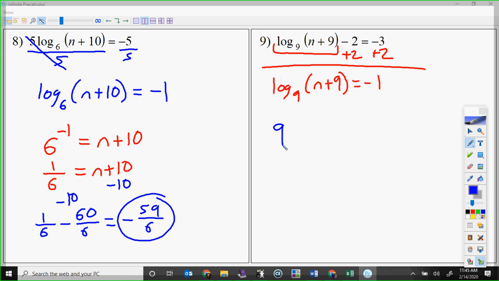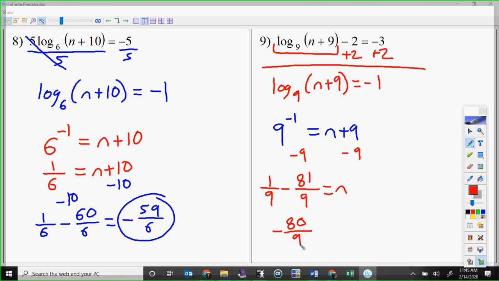Change the form. 9 to the negative 1 equals n plus 9. Subtract 9 from both sides. Of course, 9 to the negative 1 is 1 over 9 minus 9 times 9 is 81, so this is 81 over 9. And that would give me 1 minus 81, which is negative 80 over 9.